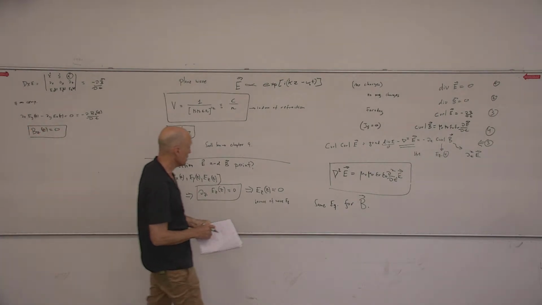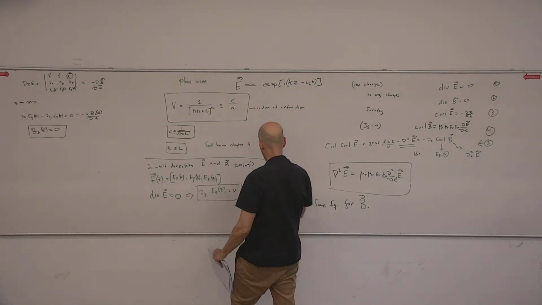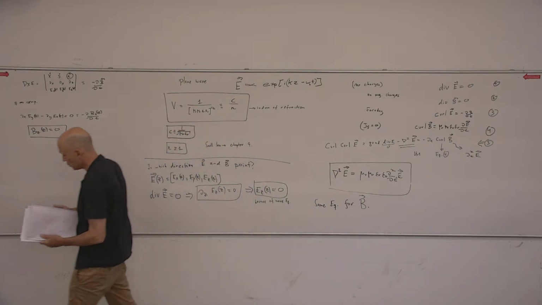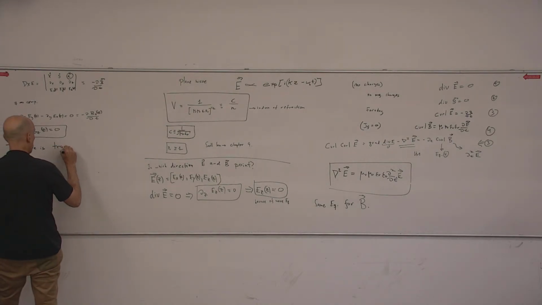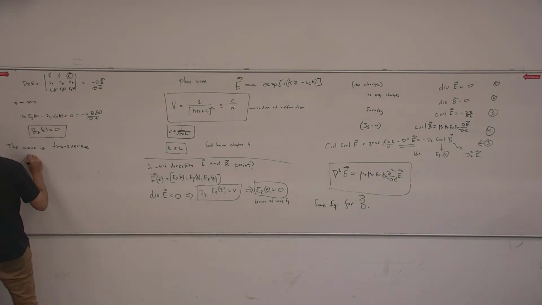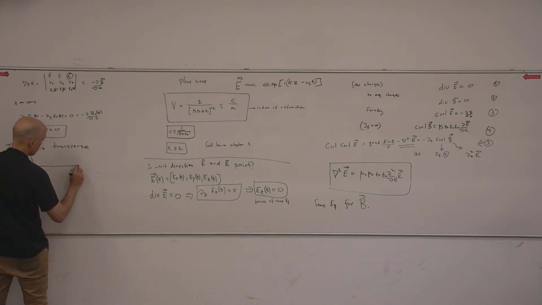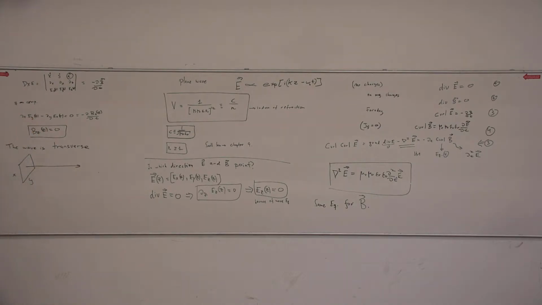So what did we show? Just to summarize, based on these things up to now, we showed the following. The wave, that is the conclusion, the wave is transverse. So what it means is the following. I have here the xy plane, as usual, very non-Michelangelo painting.